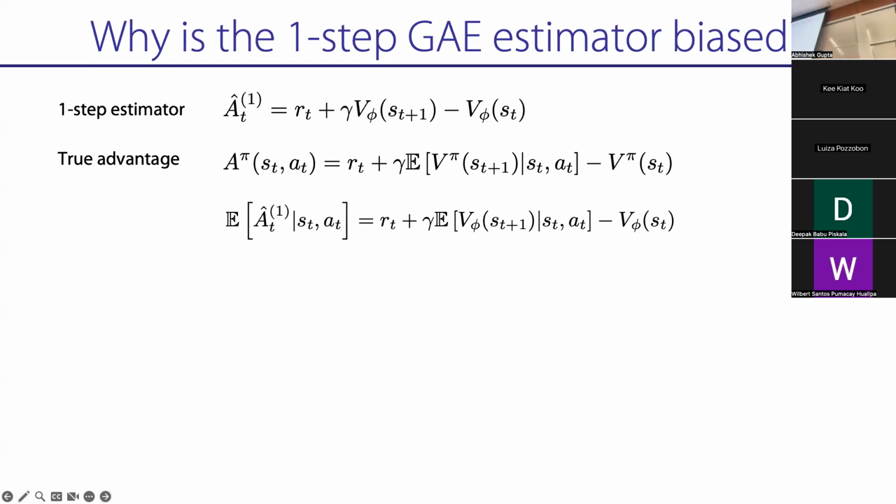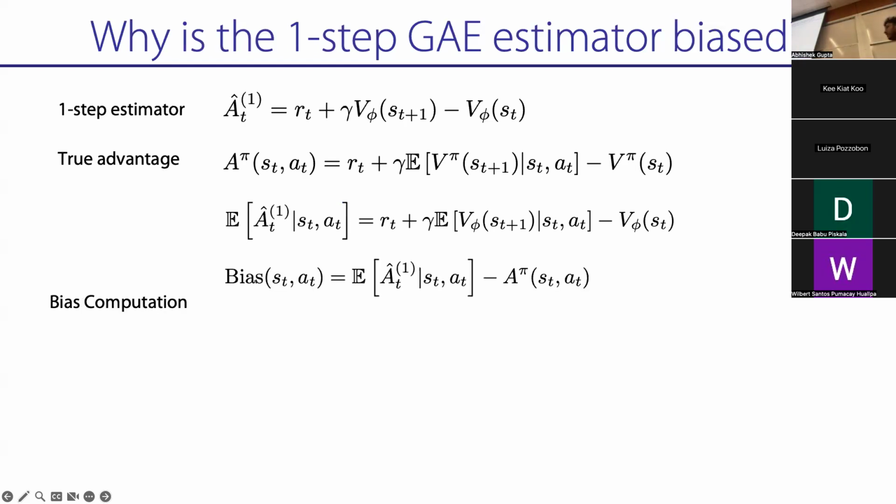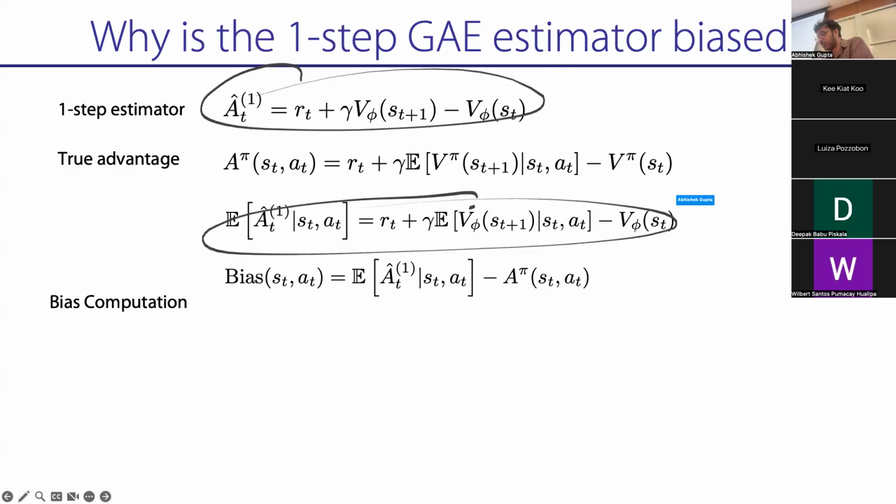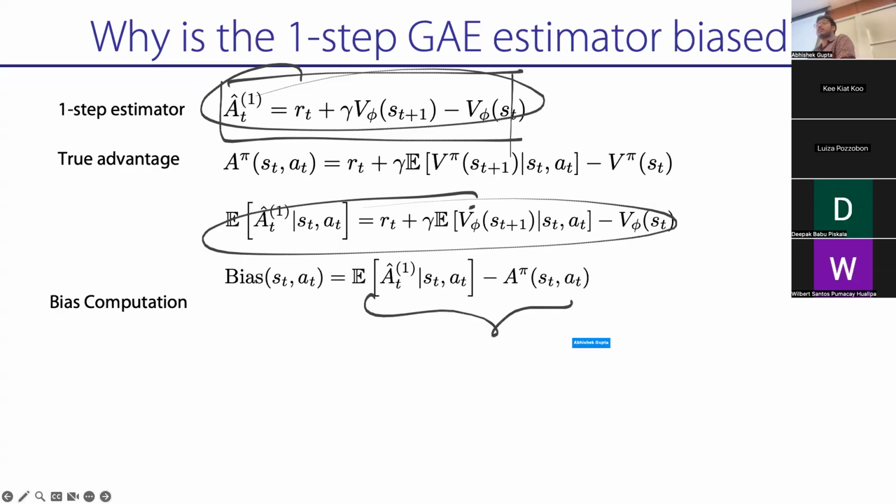What we want to compute is the bias. The bias is the difference between the expectation under my estimator and my true advantage. When something is unbiased, its expectation is the same as the true value. So we take the one-step estimator, take its expectation, and find its difference from the true advantage.